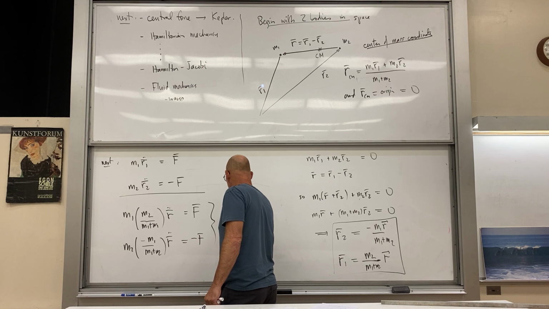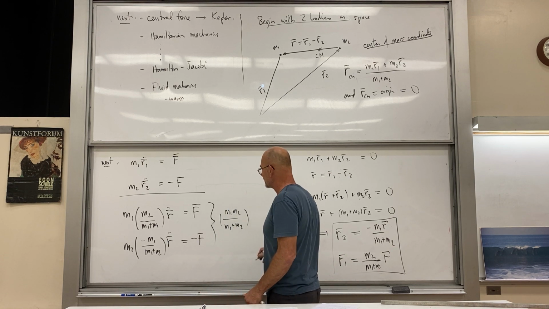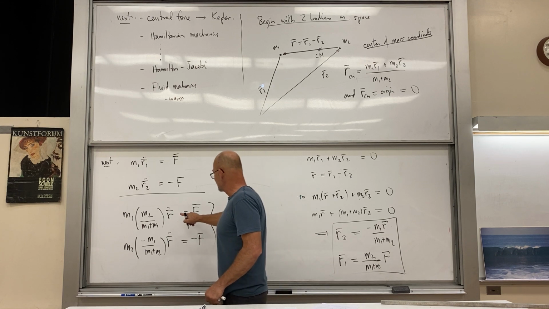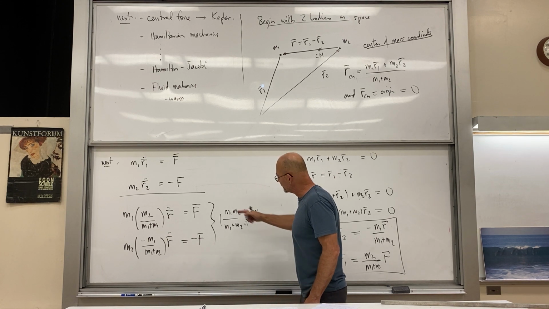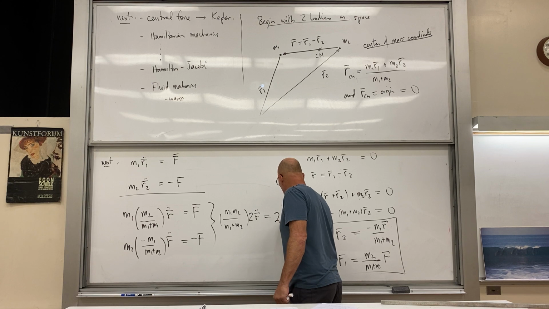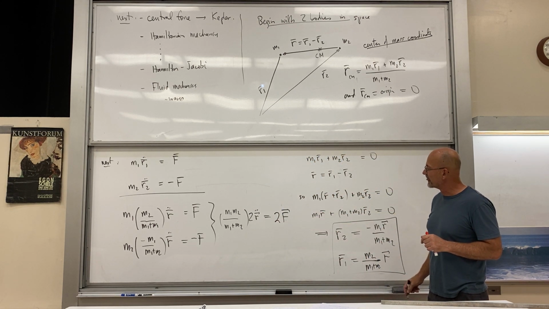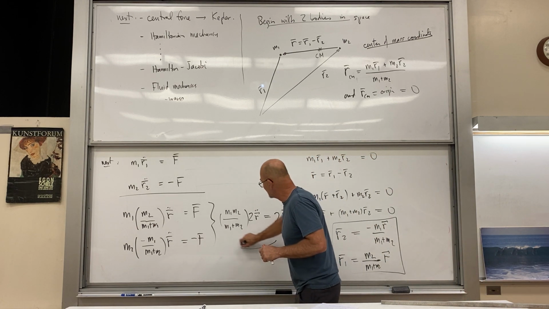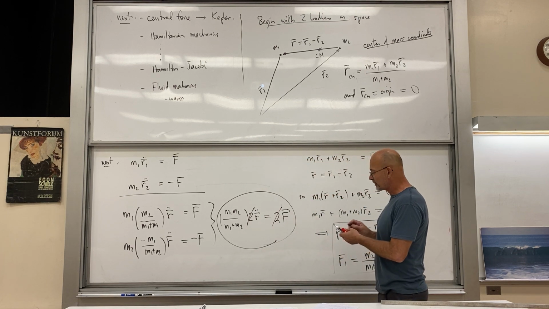So we have M1 M2 over M1 plus M2 times 2R second derivative is equal to F minus negative F, 2 times F. This F here is our central force. We'll talk about it in a moment. But we've arrived, 2's cancel, at an important equation.